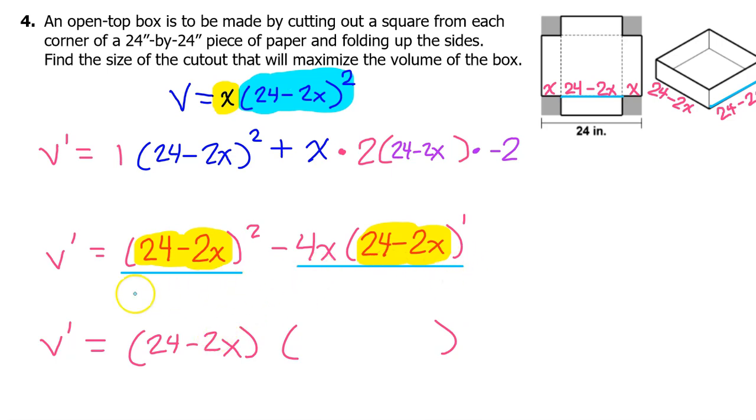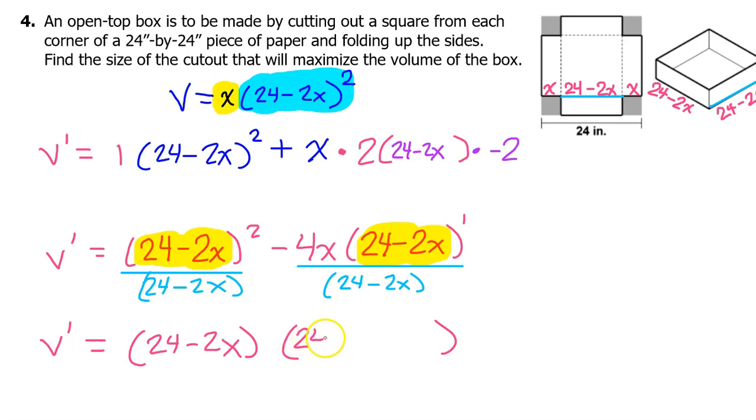Normally we do this in our heads, but I'm showing it for instructional purposes. If we divide each of these terms by the common factor we are factoring out, that will tell us what will be left behind inside the parentheses. So for this first term, 1 factor of 24 minus 2x cancels out one of these factors, leaving 1 factor behind.